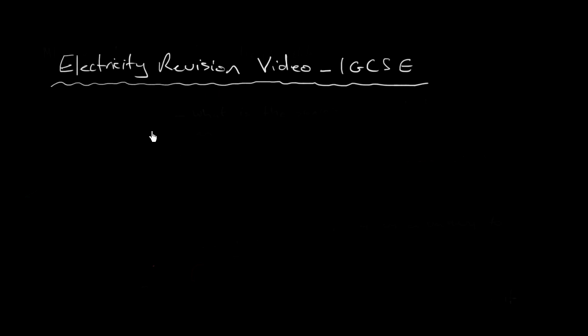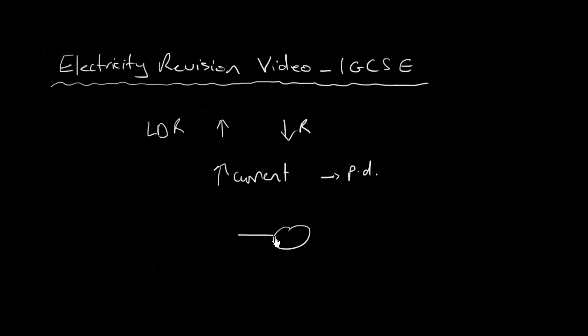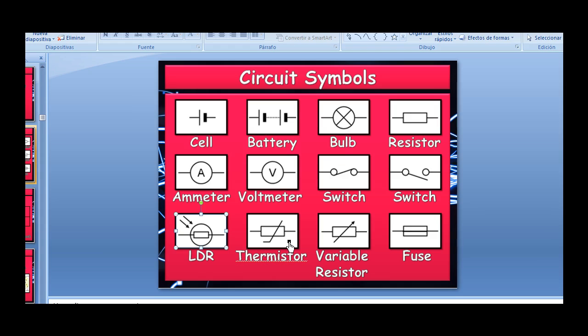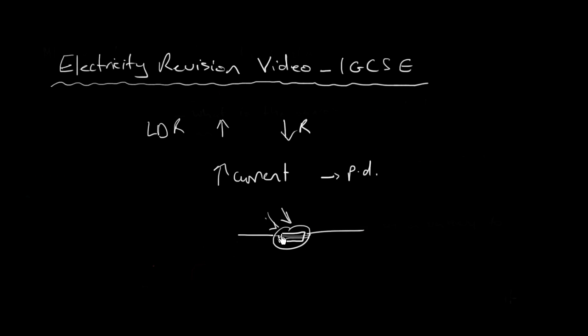So for an LDR, a high amount of light falling on it means a low resistance, which means a high current can go through for a fixed potential difference across it. So it's not a very good drawing, but it looks something like that. There's a resistor inside of a circle and then the two arrows coming in for the light.